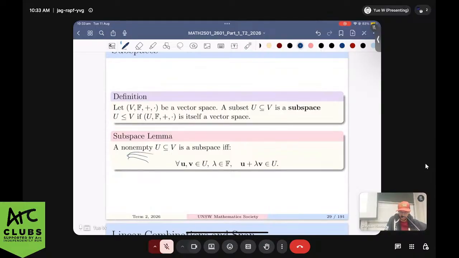And you need to show it's closed under linear combinations. So u plus lambda v. In first year, you might have seen lambda u plus mu v, closure under linear combinations. It's actually for closure under addition and scalar multiplication, but this is equivalent. And I'd advise you to use this because it's just easier. You don't need to have two scalars involved. You can just use one.